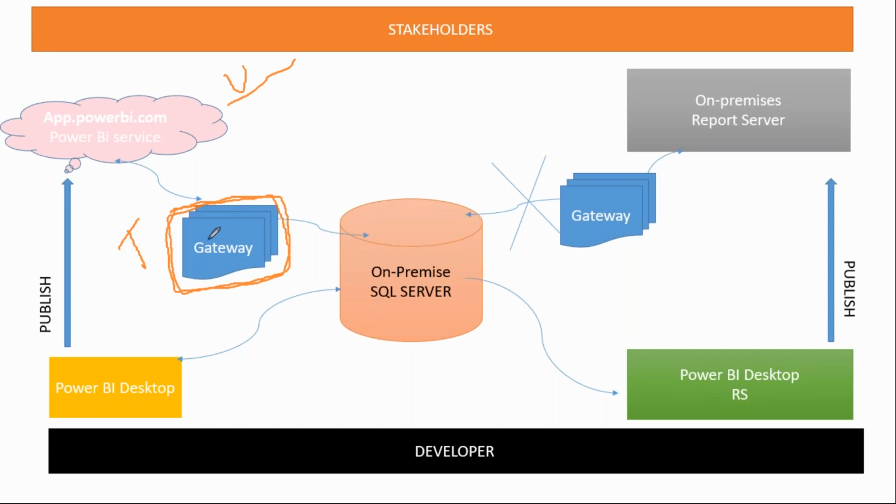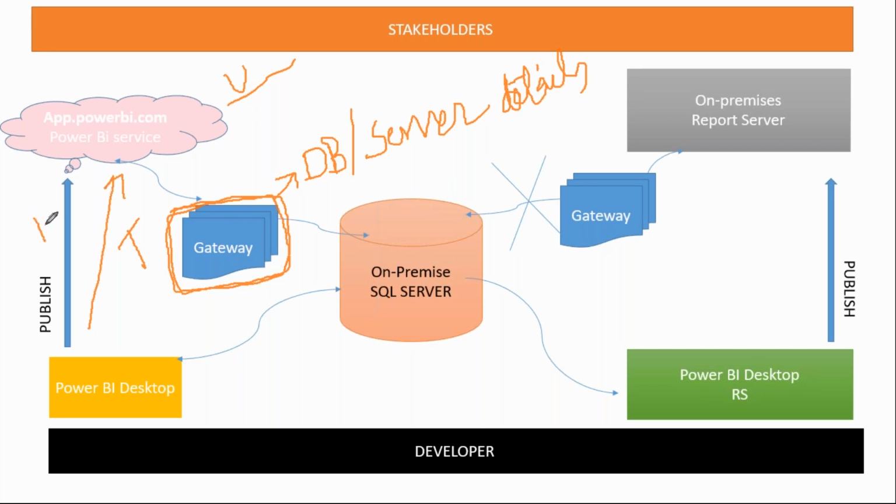What we'll configure in this gateway are our DB details, or our server details. So if I place one report here with 10K rows, and this 10K is coming from the SQL server.